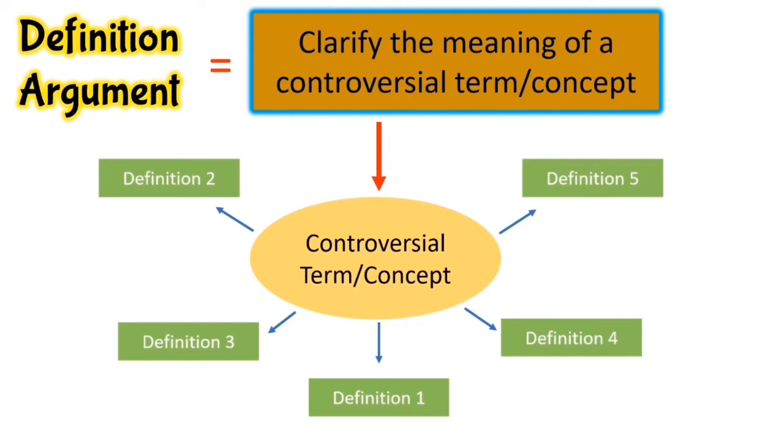Kailan masasabing white lie pa rin ang pagsisinungaling na ginawa ng isang tao o hindi na? The concept of white lies could vary from person to person. And in this case, you can write a definition argumentative essay about this topic.